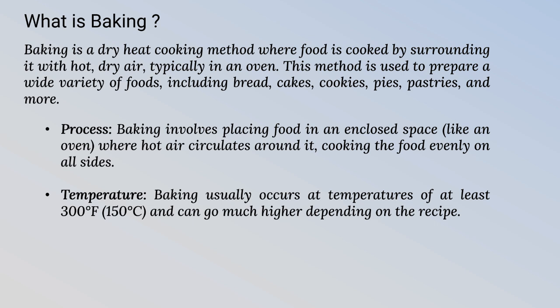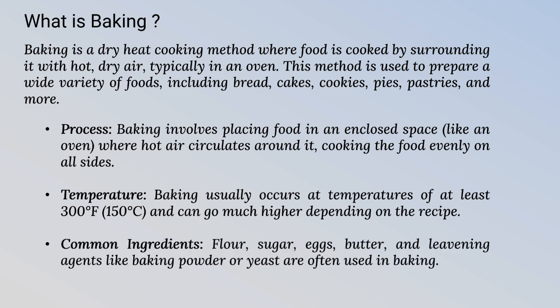That's the temperature zone. What are the common ingredients used for baking? Normally, flour, sugar, eggs, butter, and leavening agents like baking powder or yeast are often used in a baking process. So that is the overall concept about baking.